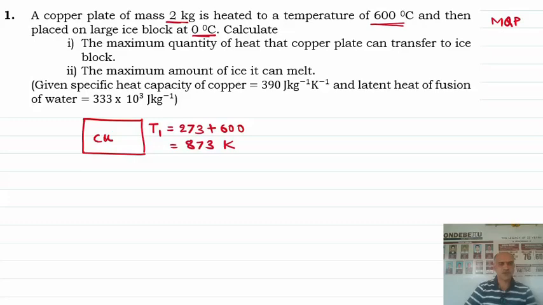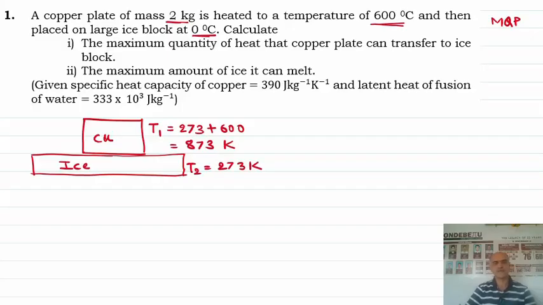Now this copper is placed on an ice block. You can think of this as ice. It is placed on a large ice block whose temperature is 0 degrees centigrade, which means 273 Kelvin.